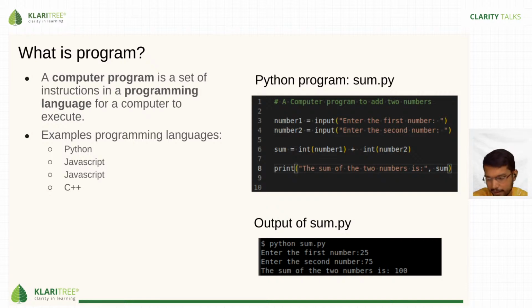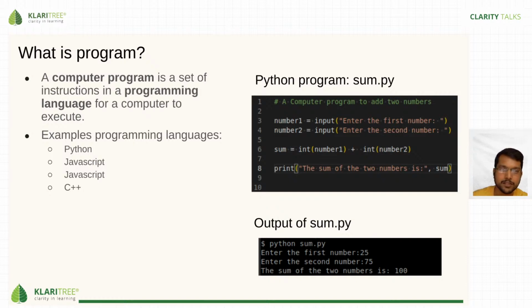Now, what is Python? Python is a programming language. Just like how we humans use English to communicate with one another, computers use something called programming languages. So we use a programming language to interact with the computer itself.